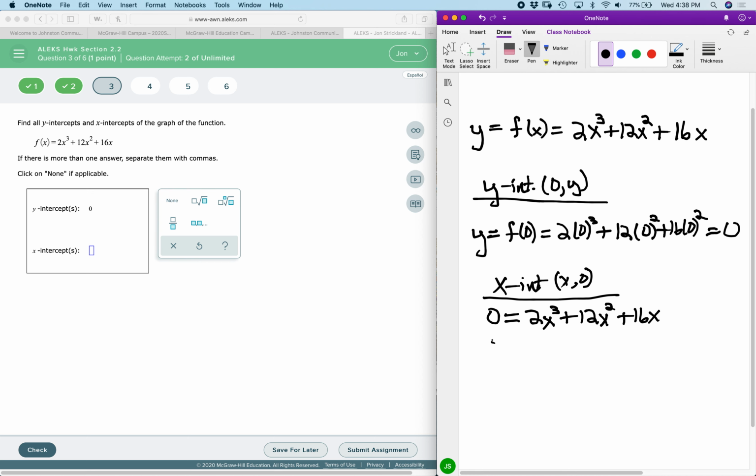Now the greatest common factor among the terms is going to be 2x, and factoring 2x out, we have x squared plus 6x plus 8. So we have a trinomial that can be factored.